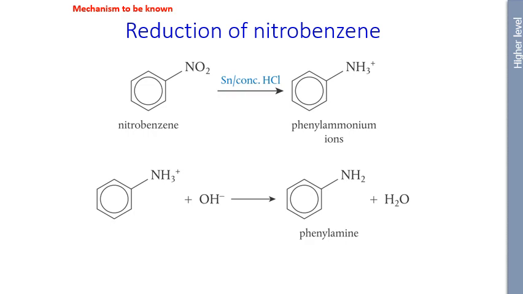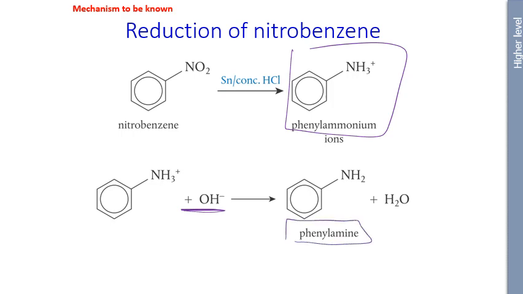Essentially the nitro group is being reduced to a phenylammonium intermediate, which we see here, and then the phenylammonium intermediate is reacted with dilute base. What happens is you extract the phenylamine product, usually by fractional distillation, plus water, and those are the two products.